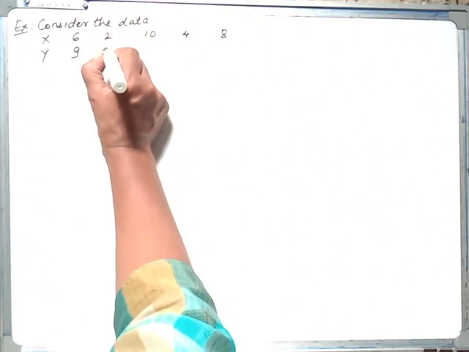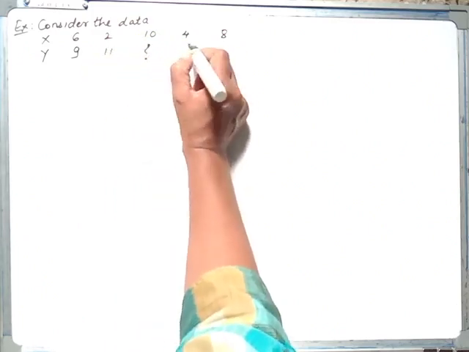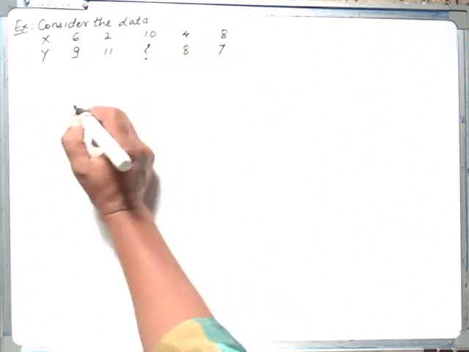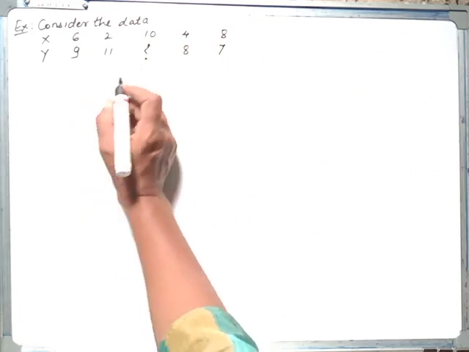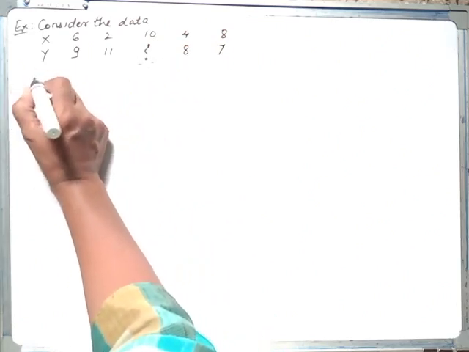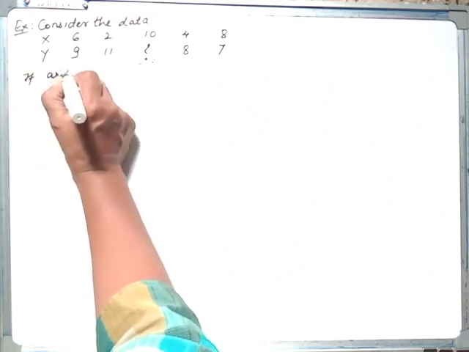Here 9, 11, and this value is not given to us, question mark, 8 and 7. This is not given.